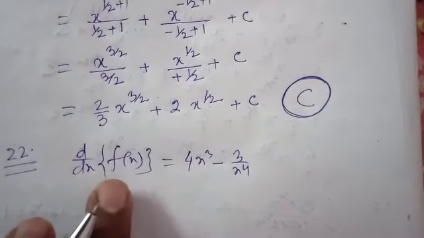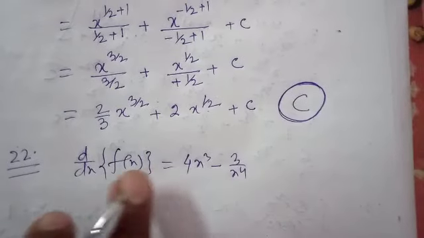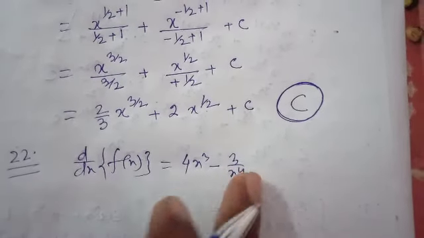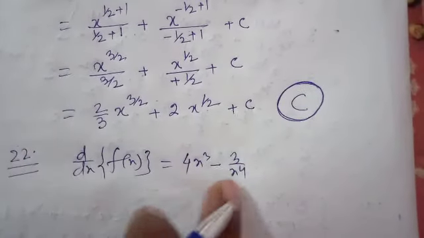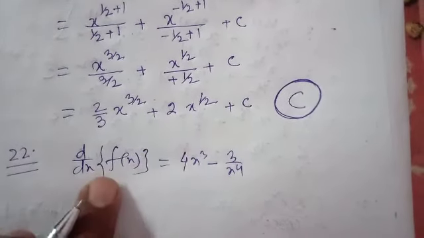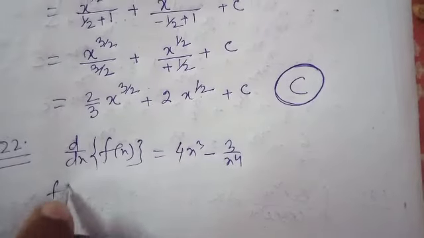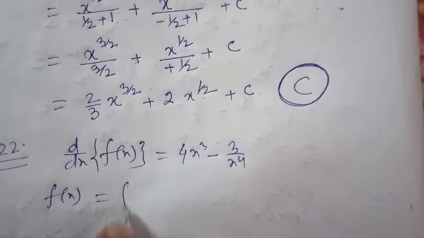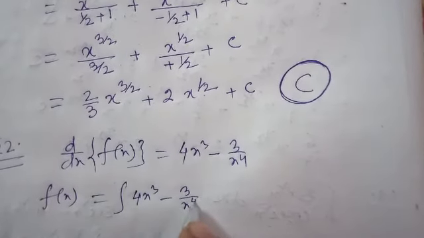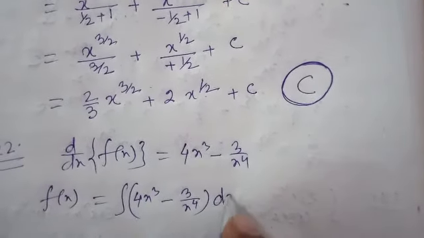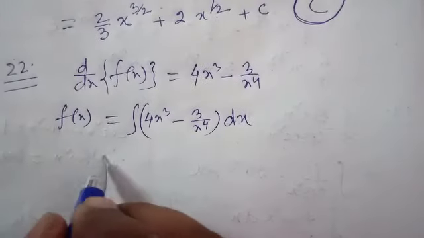So how do you solve it? Its antiderivative is f of x, so its integration is f of x. So you have to find out its integration, then you will get f of x. So f of x equals integration of 4x cube minus 3 by x to the power 4 dx.